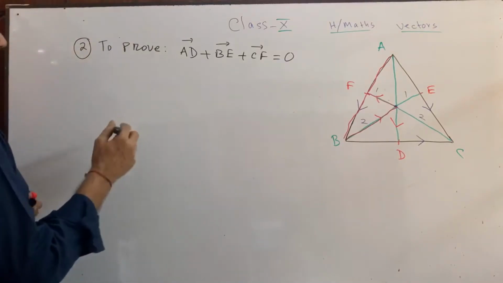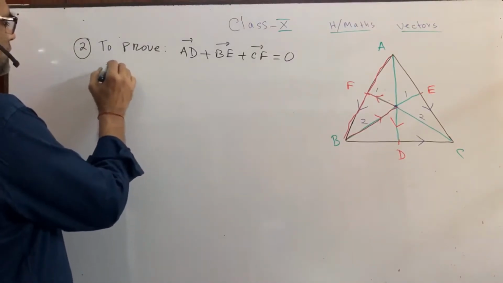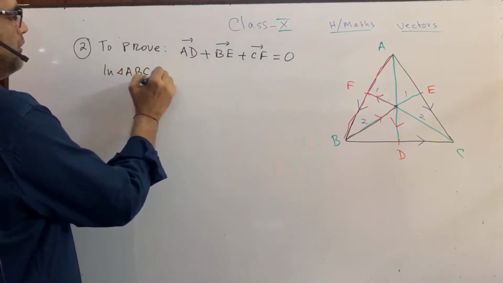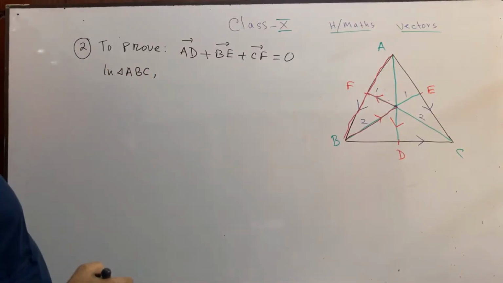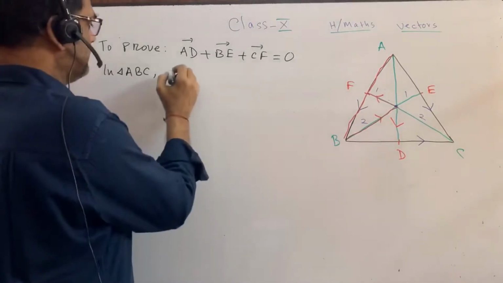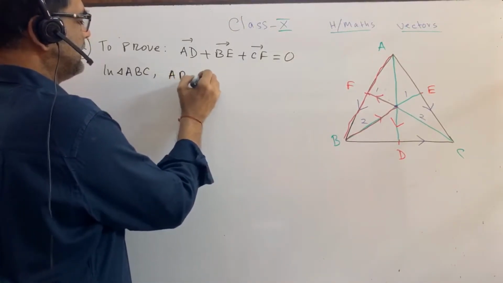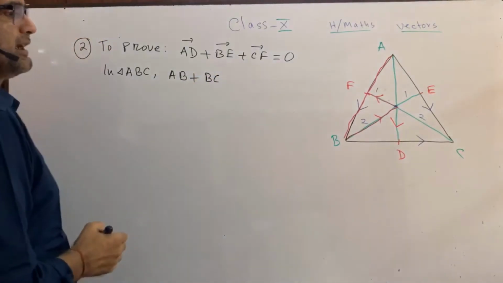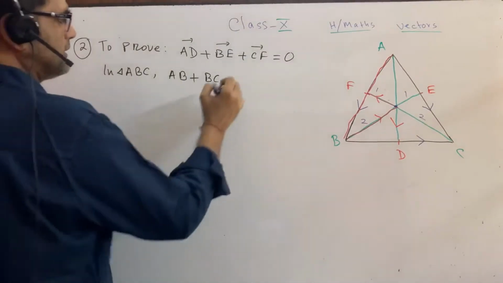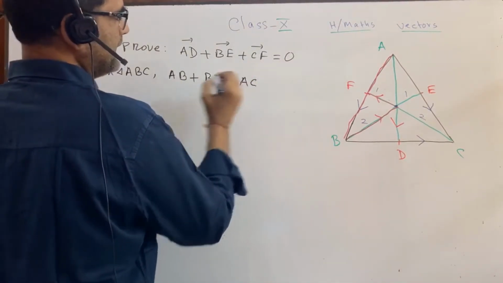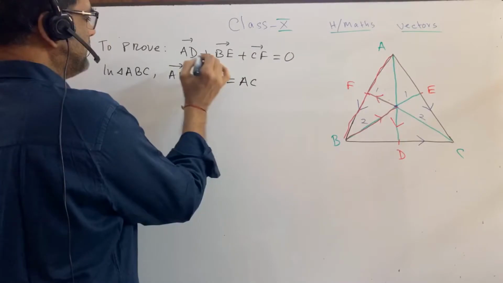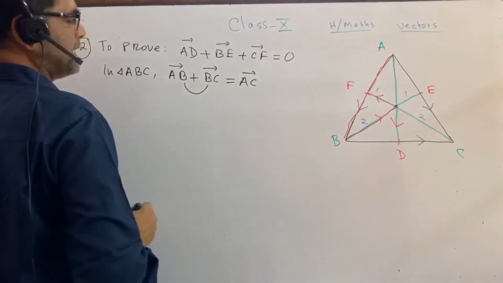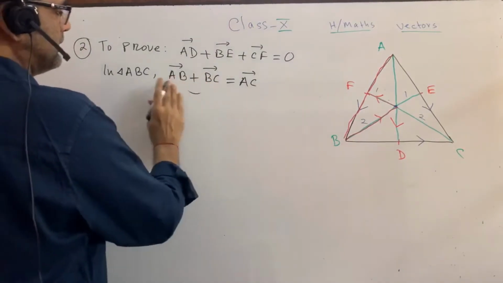Suppose in triangle ABC, what I am going to write down, in triangle ABC, we are getting AB plus BC equal to AC, right? AB plus BC equals to AC.